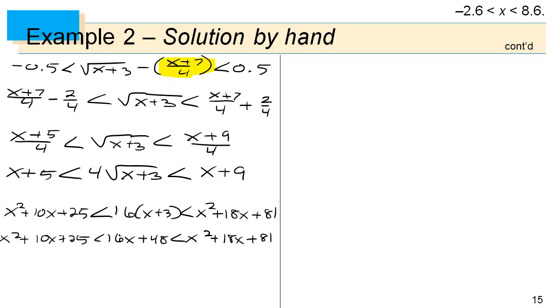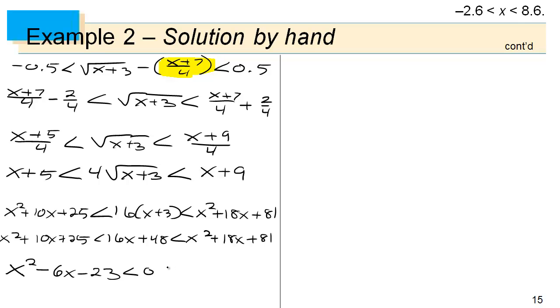Okay, now we've got a couple of quadratics with a linear thing in the middle. Hopefully you're thinking, well, the only way I can solve this with a quadratic is to have a quadratic related to 0. So why not subtract this piece from all three pieces and then have a quadratic less than 0 and another quadratic greater than 0, and you're basically solving two quadratic inequalities. So subtract 16x and subtract 48 from both sides. You get x squared minus 6x, right, because it's 10x minus 16, and then 25 minus 48 gives you negative 23.